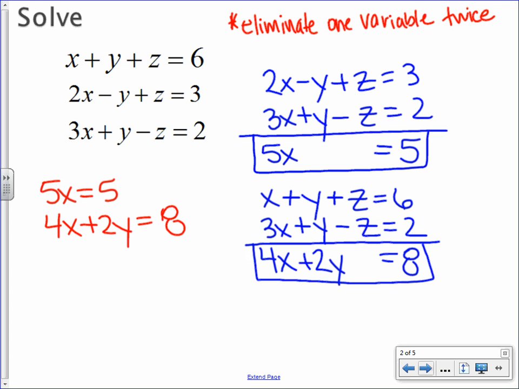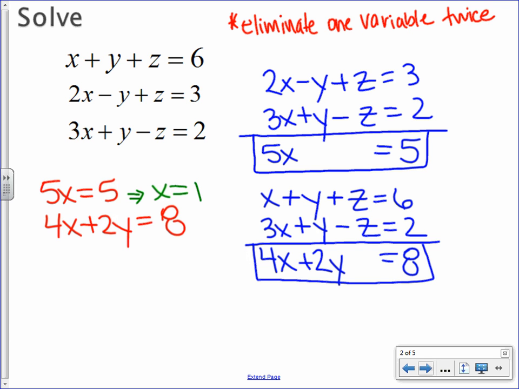What should we do now to solve for x and y? We can say that this is the same thing as x equals 1.